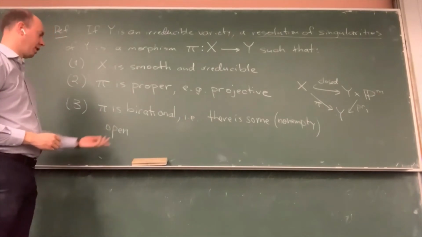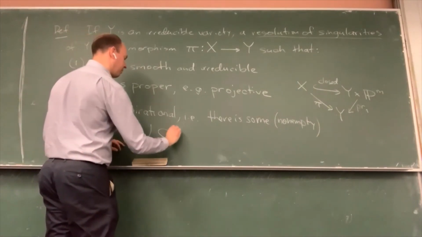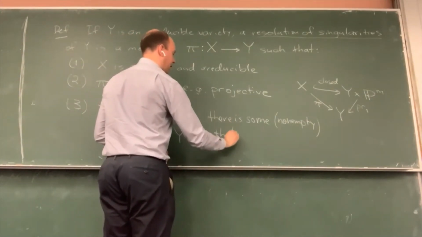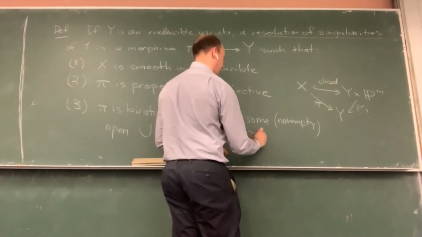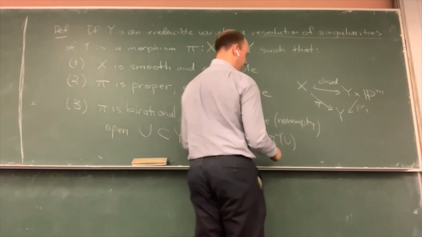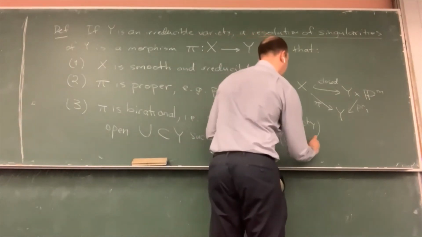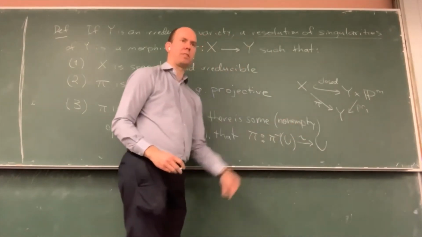In fact, it's non-empty since Y is irreducible, so it's dense. So some open set U inside Y such that if you restrict pi to the pre-image of U, which will be an open subset of X, that gives you an isomorphism between this open subset of X and this open subset of Y.